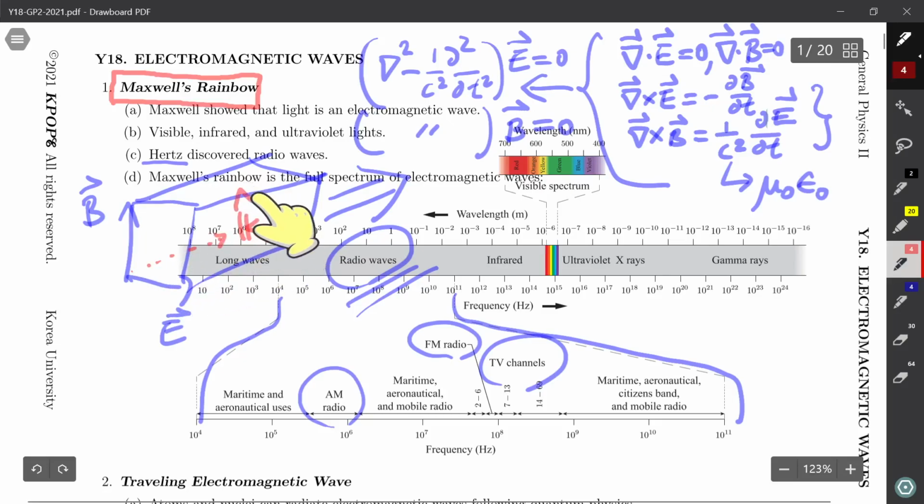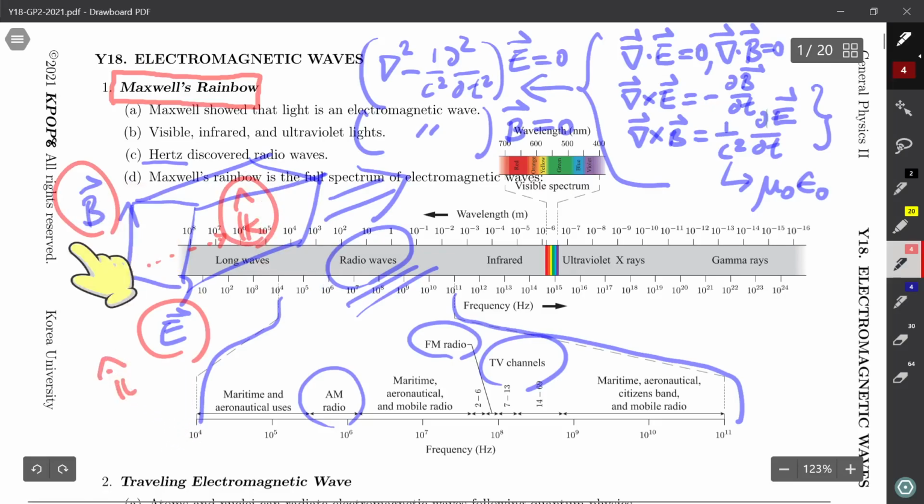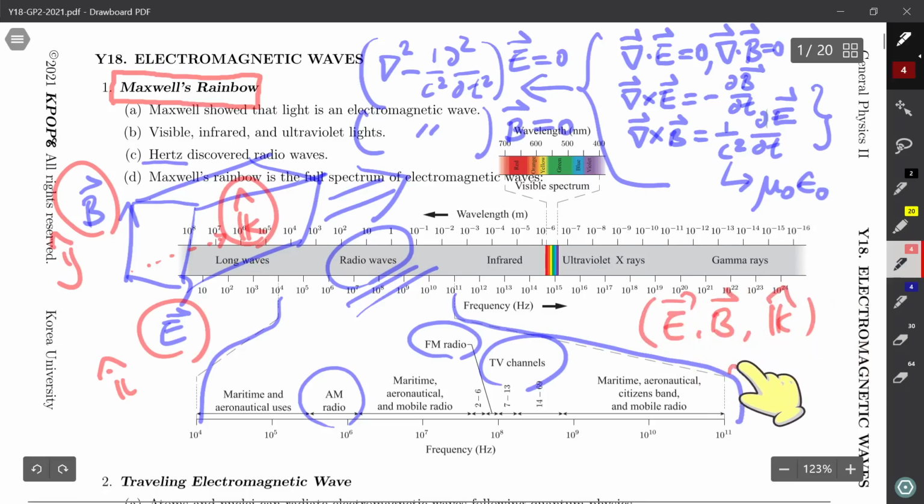This is the direction of propagation, and electric field, magnetic field, and direction of propagation are just like unit vector of x-axis, unit vector of y-axis, and unit vector of z-axis. So E vector, B vector, K vector is similar to unit vector of x-axis, unit vector of y-axis, and unit vector of z-axis.